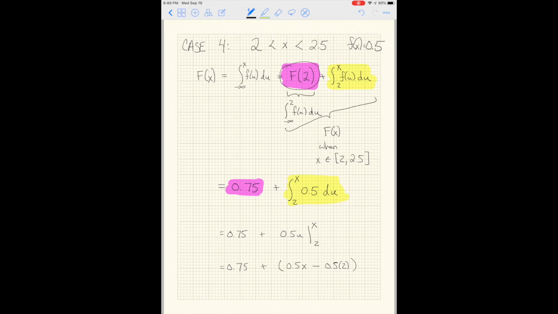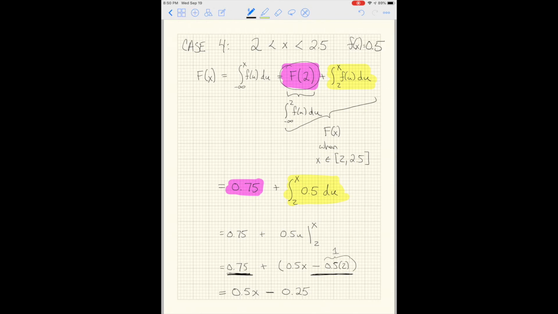Well, 0.5 times 2 is just equal to 1. And so if I look closely here, this whole thing turns into 0.5 x minus 0.25, where that's 0.75 minus 1 gives me that 0.25.